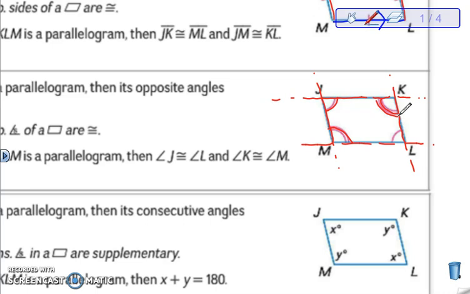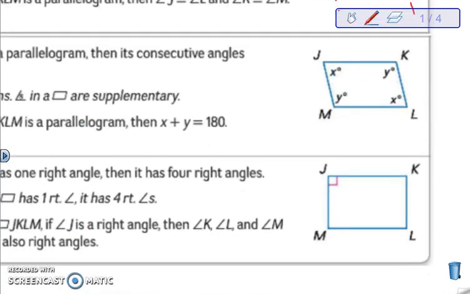Therefore, the angles that are in opposite corners are going to have to be congruent so that all the angle pairs add up the way that they are supposed to. So when you look at the values of each angle, the opposite corners are congruent, and then the consecutive corners are supplementary.